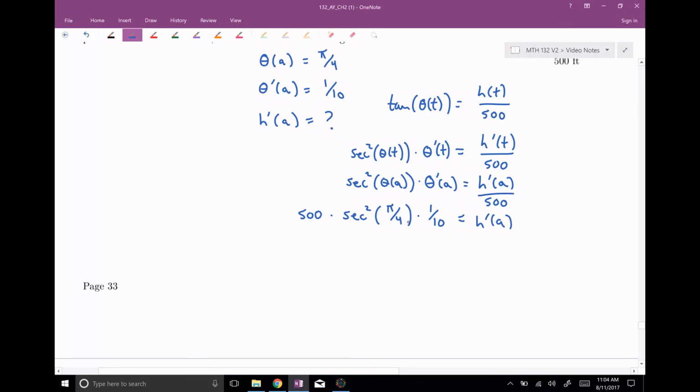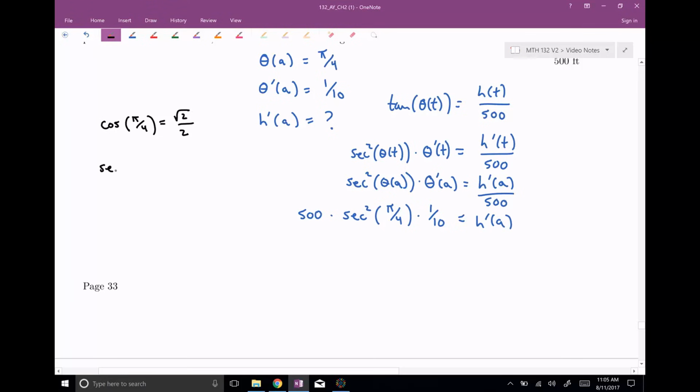The only question is, what is secant squared of pi over 4? So this is again where we need to be good friends with our unit circle. Let me first start off with cosine of pi over 4, because remember, secant and cosine are friends. Secant is 1 over cosine, or the reciprocal of cosine. Cosine of pi over 4 is root 2 over 2.